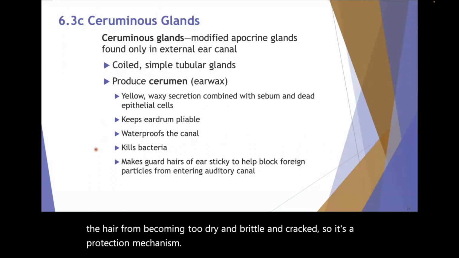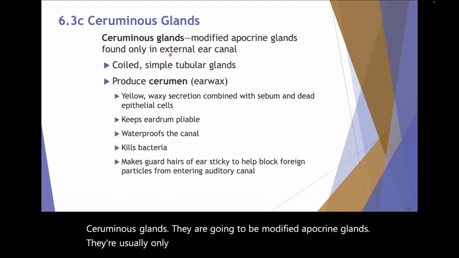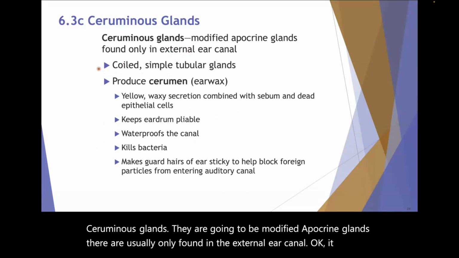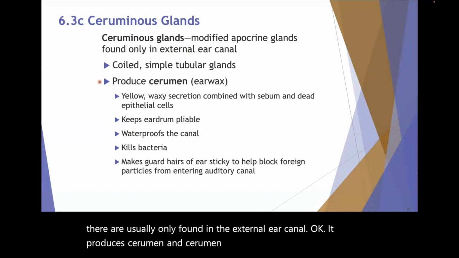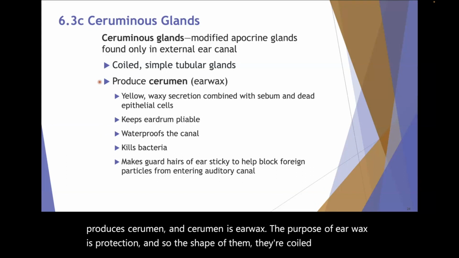Ceruminous glands are going to be modified apocrine glands. They're usually only found in the external ear canal. They produce cerumen, and cerumen is earwax. The purpose of earwax is protection. The shape of them, they're coiled, simple tubular glands.